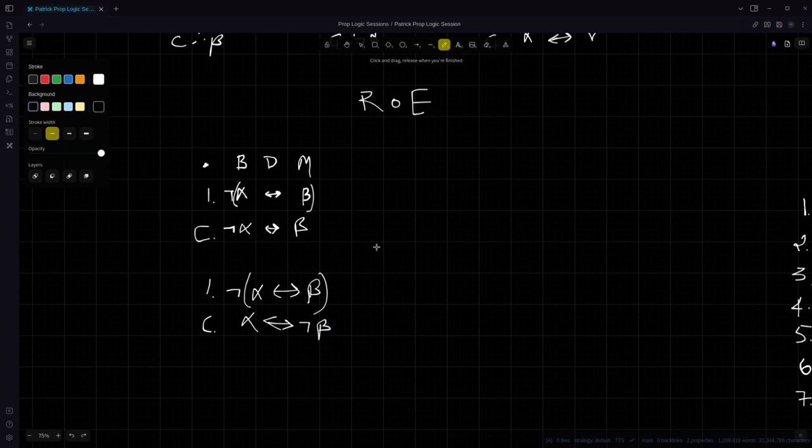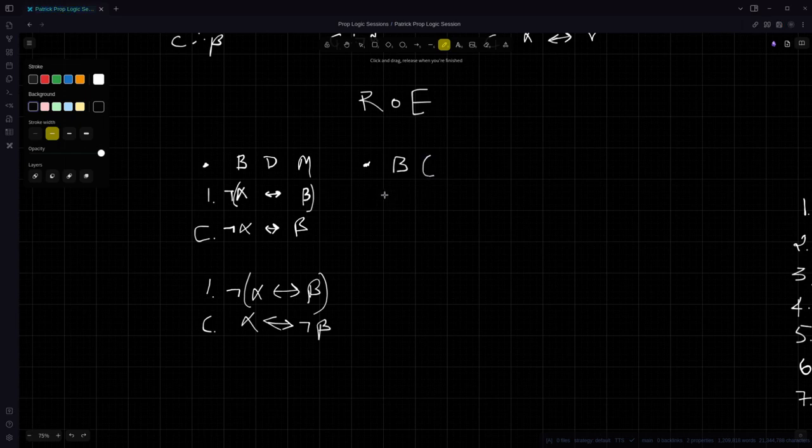You can represent it however you want with commutativity, so there's like four options. That's the De Morgan's law, and the other rule is biconditional commutativity.